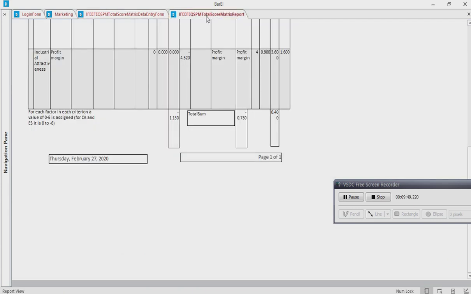Now let us go to the individuals, and we are going to use the graph.